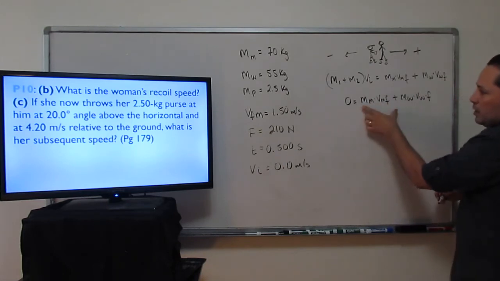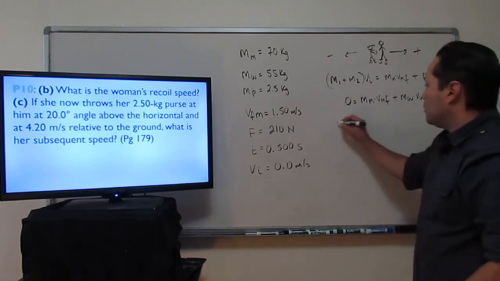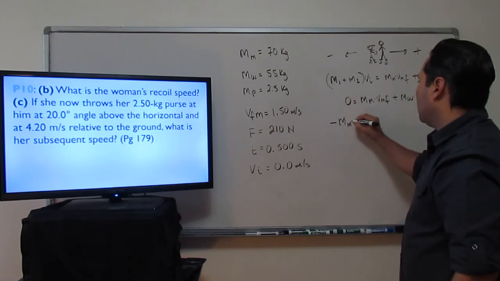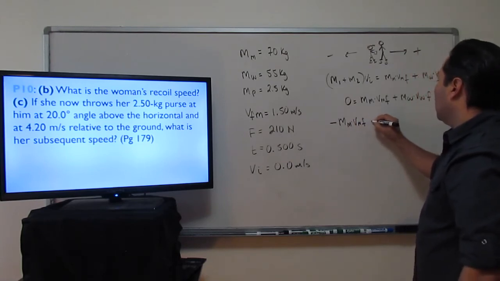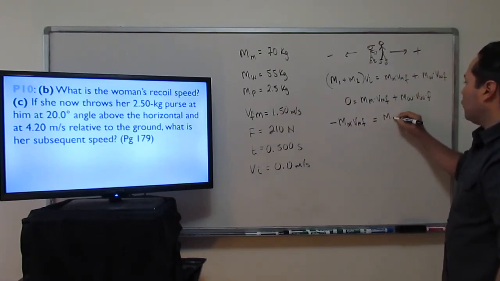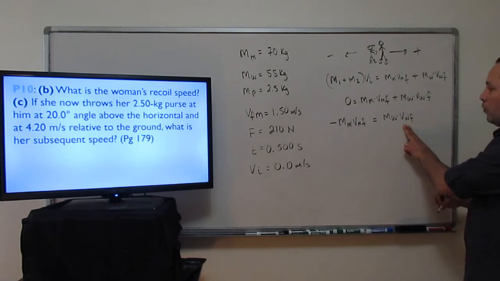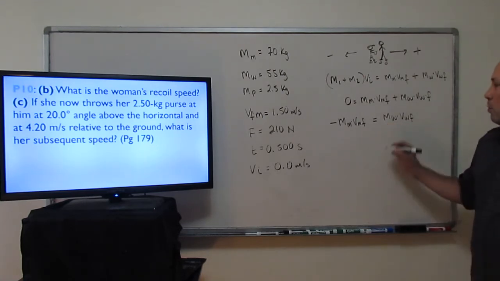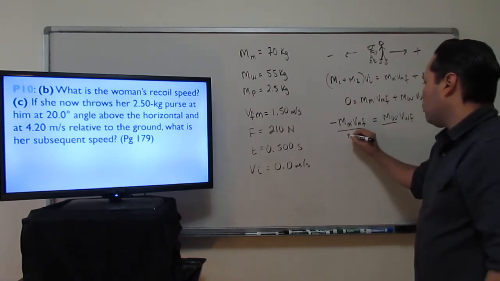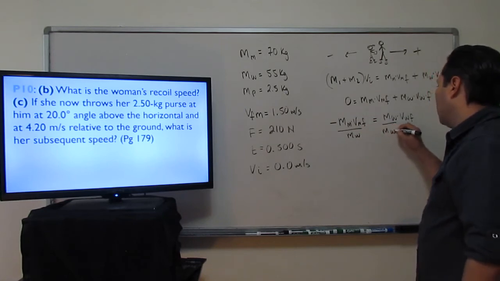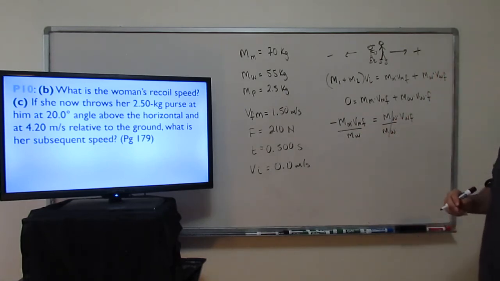So I'm going to move this left side over here, and so it ends up being negative. It's equal to mass of the woman and velocity of the woman final, and that's what we're solving for. So now I'm going to get rid of the mass of the woman, so I'm going to divide both sides by the mass of the woman. That cancels out, and that's going to give us our answer.